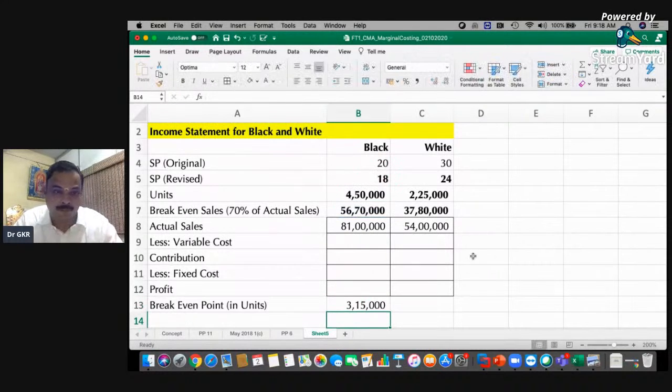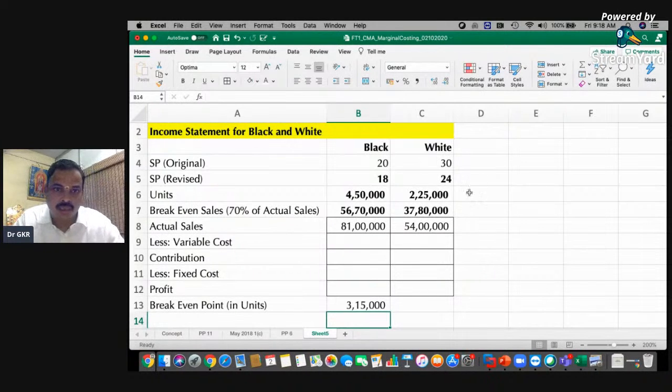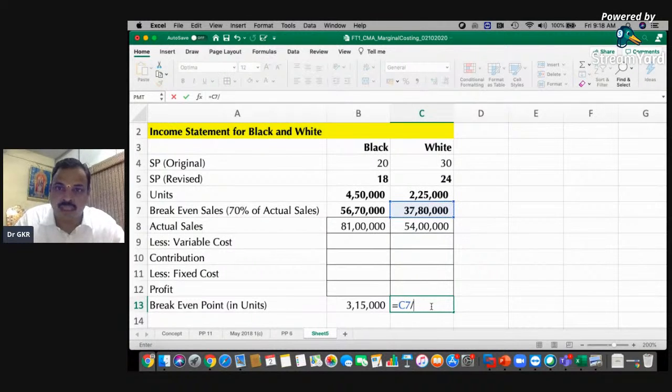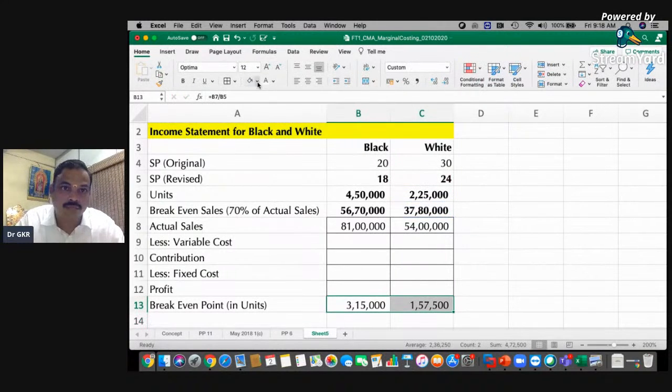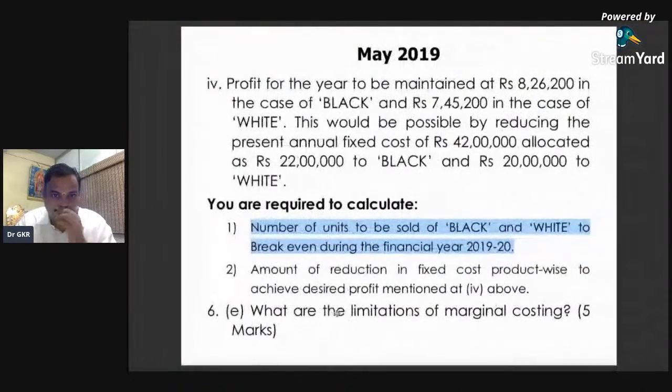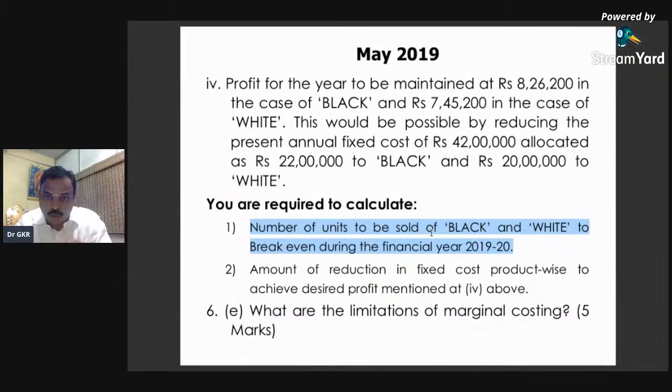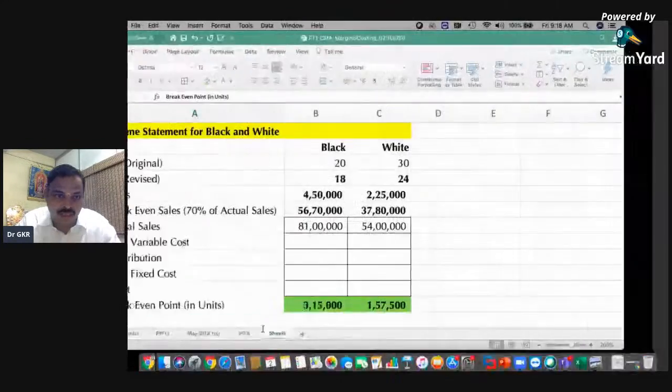You have to be very careful. So it is 3 lakh 15,000 units. Actual unit is 4 lakh 15. Similarly, 37 lakh 80,000 divided by 24. So this is your answer. Break even point in unit. That is what is asked. Number of units to be sold of black and white to break even during the financial year. So this is one.